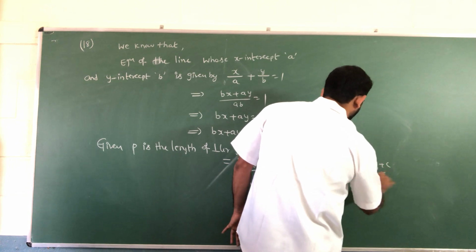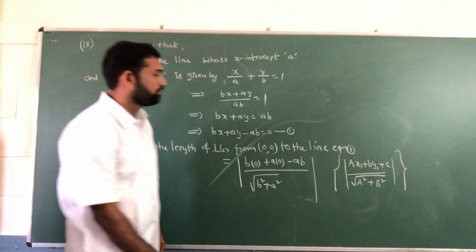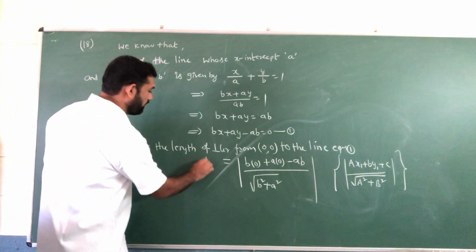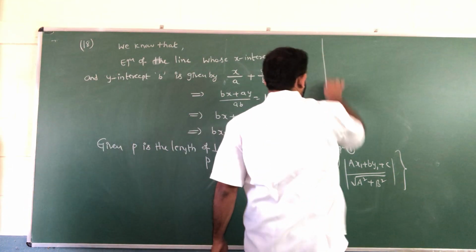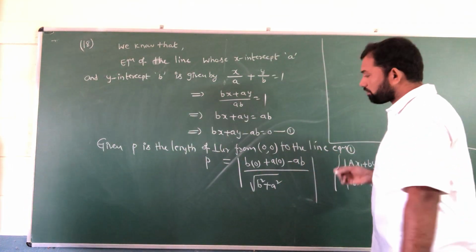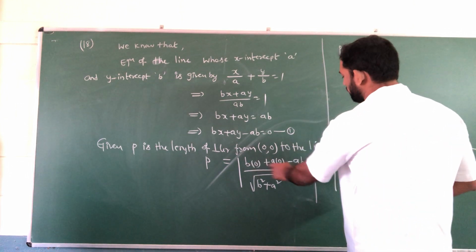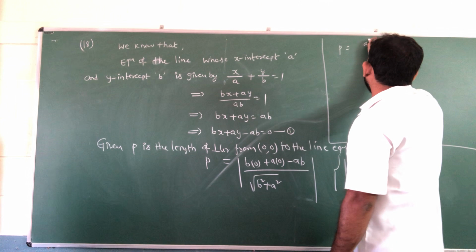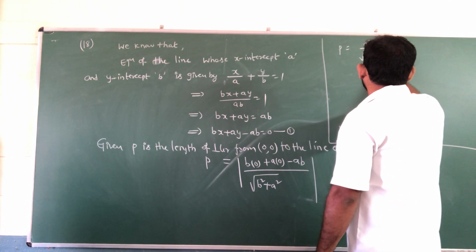We did this proof also. Now this length is P, given. Now do the simplification here. P is equal to modulus of AB divided by root over B square plus A square.